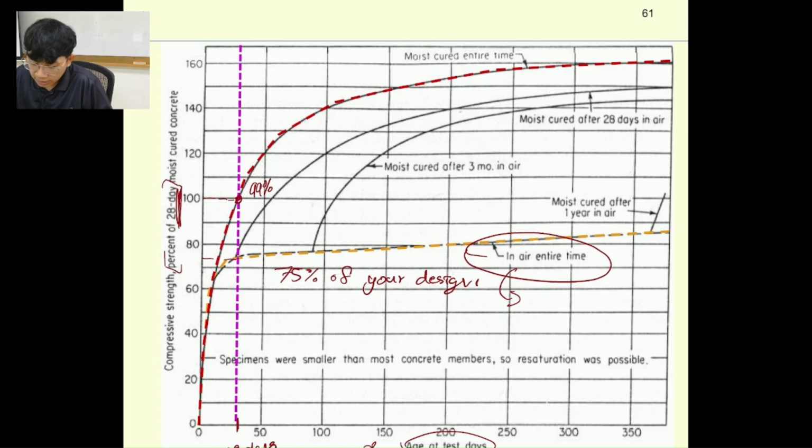But we would like it to be as close to 100% as possible at 28 days. So that's why we need to cure it at the field, and also after we take the sample out from the mold. The strength can then develop to 200 to 160% of what you designed, over the years.